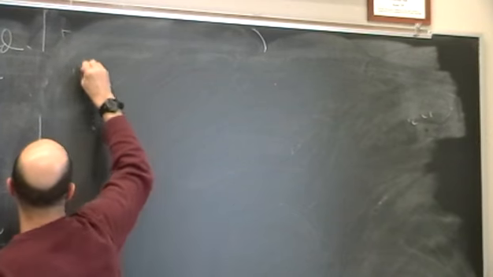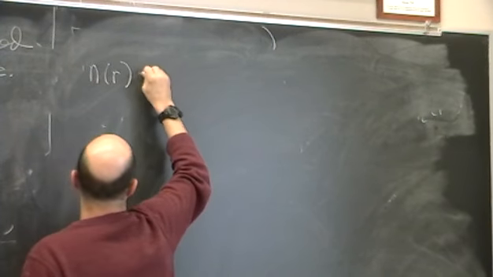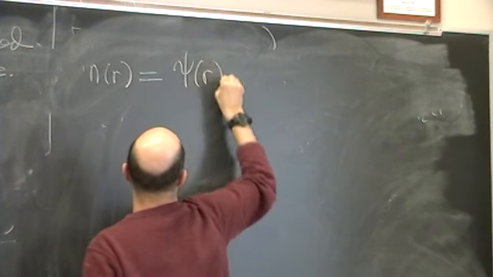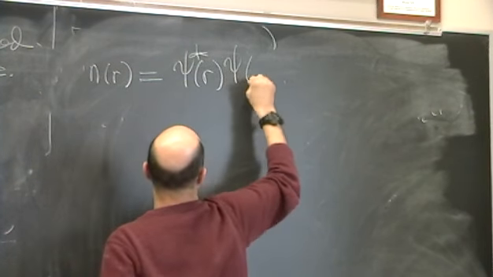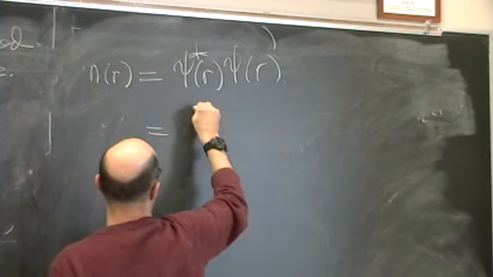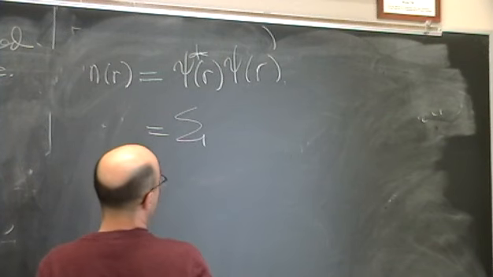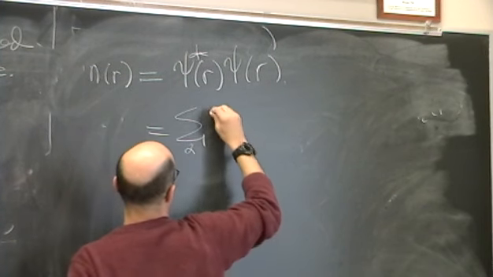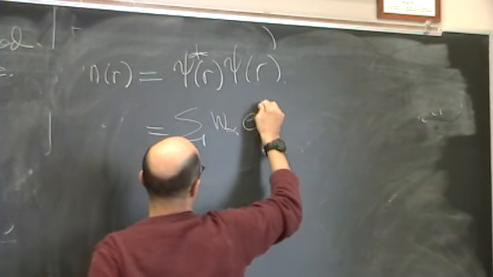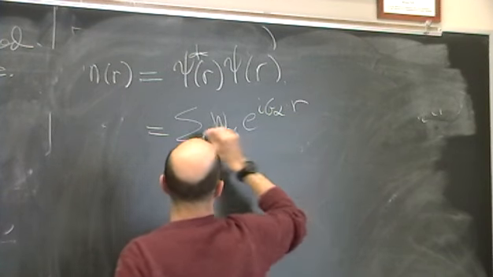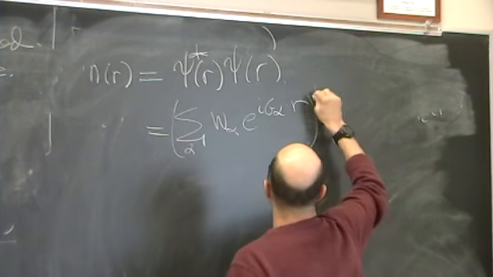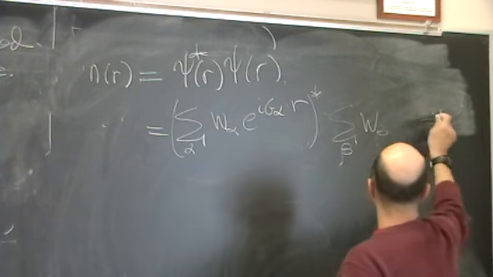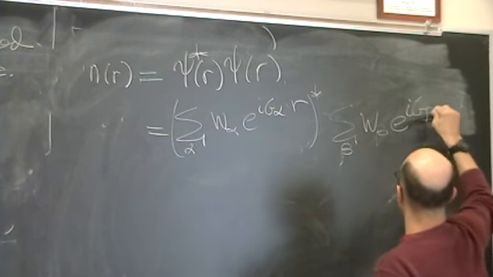Let's see, the charge density is basically psi star of r times psi of r. And if psi of r is expanded in some plane wave basis set, sum over alpha of w alpha e to the i g alpha dot r, star, times some sum over beta, w beta e to the i g beta dot r.